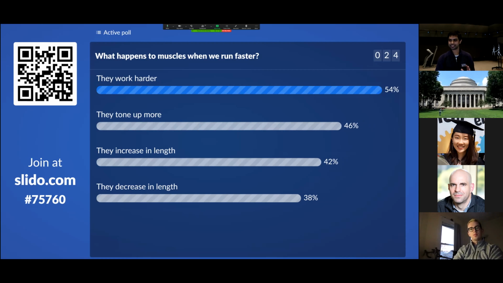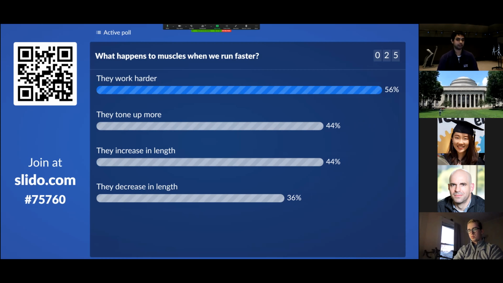Well, the bars are still changing, but it looks like the majority agrees that they work harder. Sure, they work harder. And then also a lot of people think they tone up more. And there seems to be sort of an even split in the idea that they increase in length or the idea that they decrease in length.